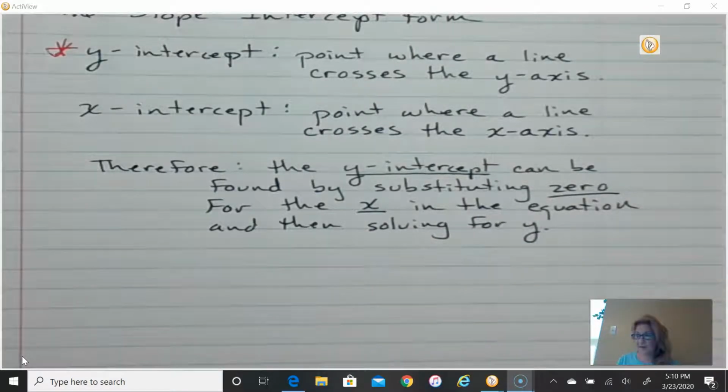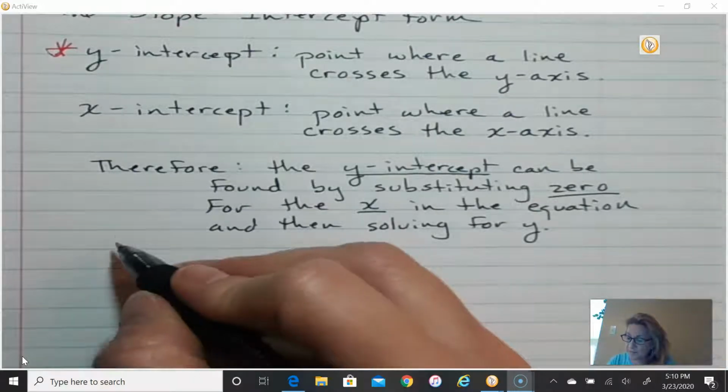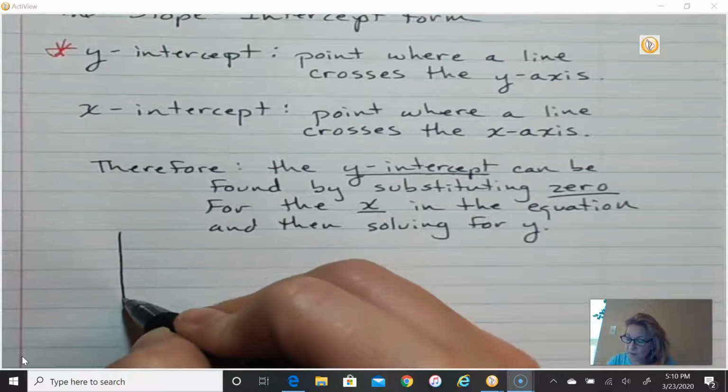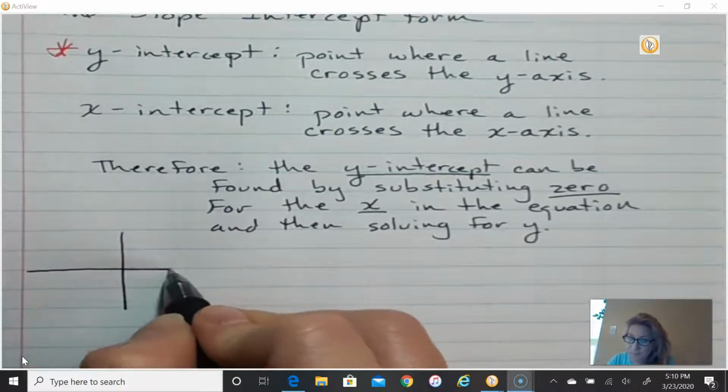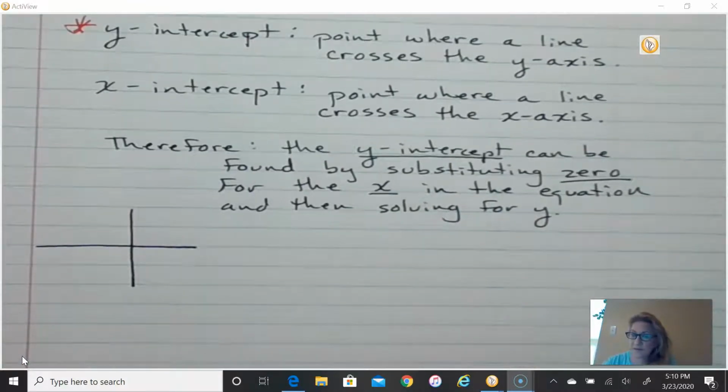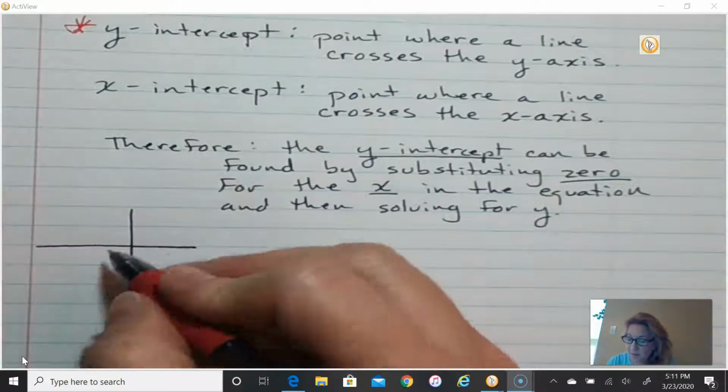Okay, so for example, I should have a drawing here. I don't. So for example, as far as the y and x-intercept, let me draw you a little thing here. That's your Cartesian plane. Let's say this red pen is your line.